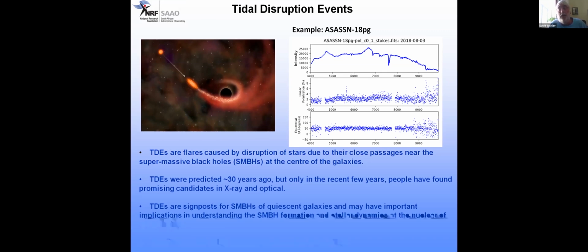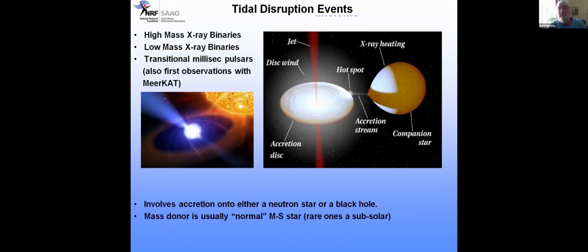Things we know all about with our own Milky Way, of course, from the wonderful adaptive optics work done of Sagittarius A*, where you can actually see the orbits of the stars at the center of our galaxy, and possibly flare events associated with minor tidal disruption events, perhaps.